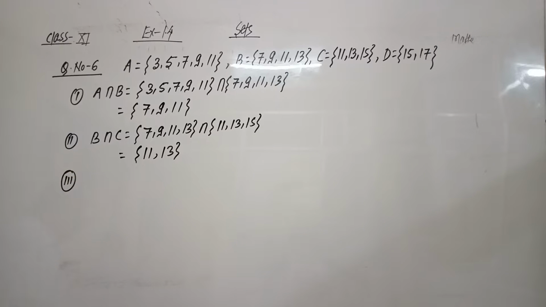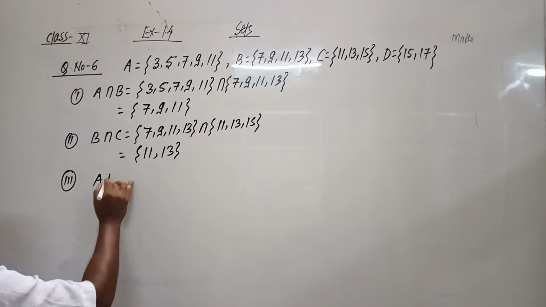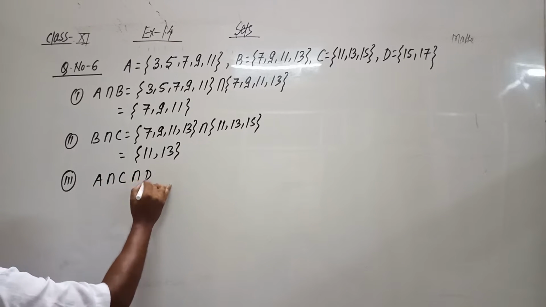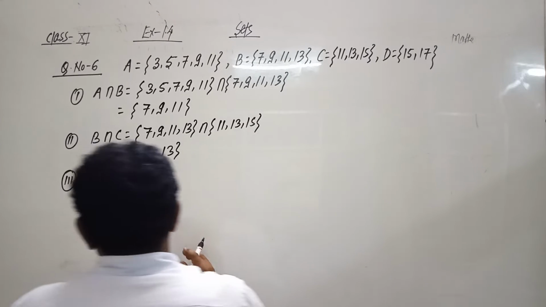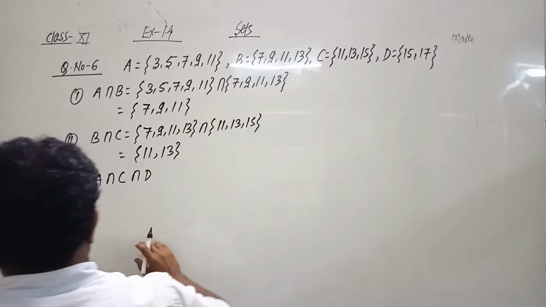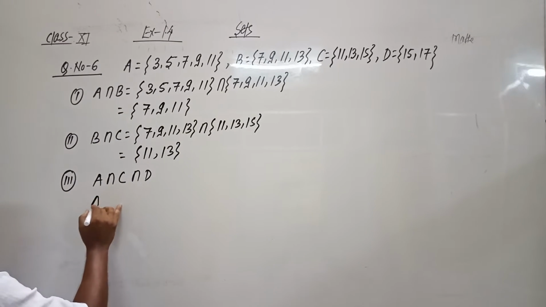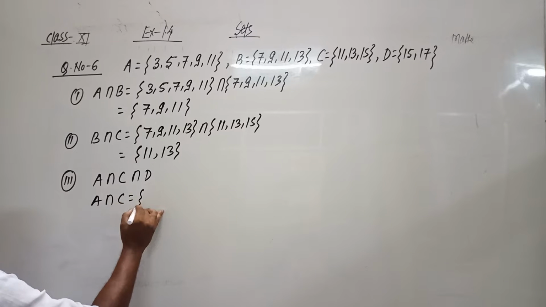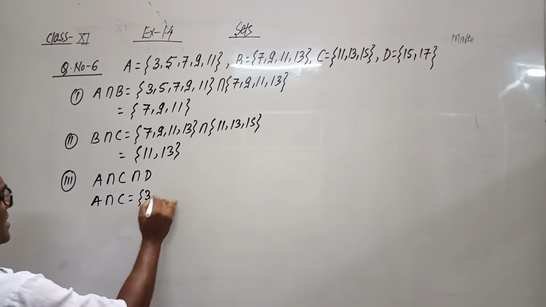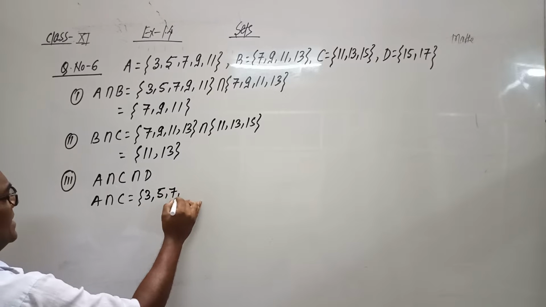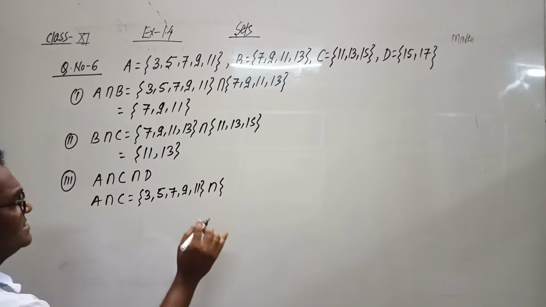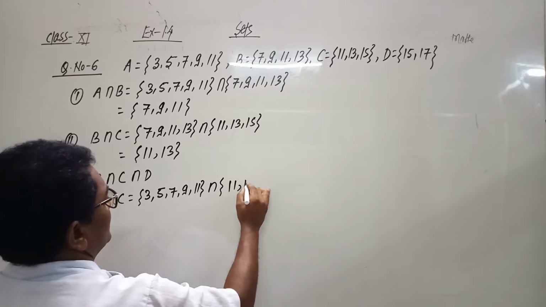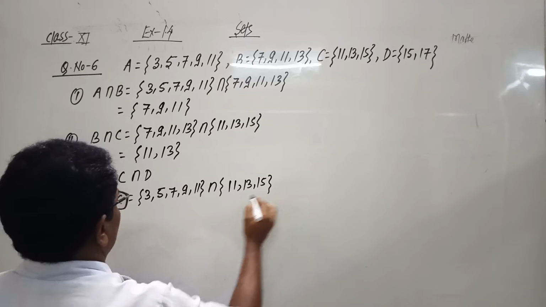Third, we have to find A intersection C intersection D. Firstly we will calculate A intersection C. The set A is 3, 5, 7, 9, 11, intersection, the set C is 11, 13 and 15.